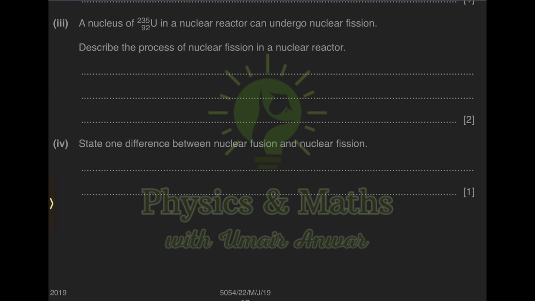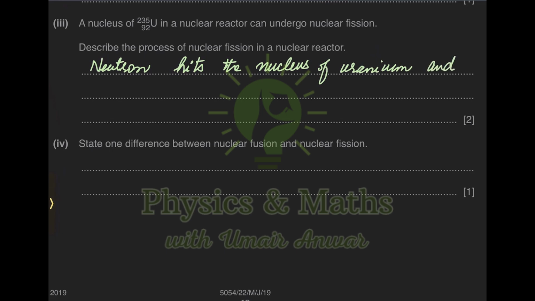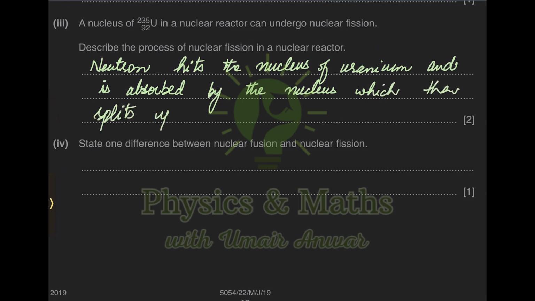So I'm writing: neutron hits the nucleus of uranium and is absorbed by the nucleus, which then splits up to form smaller nuclei and emits more neutrons.